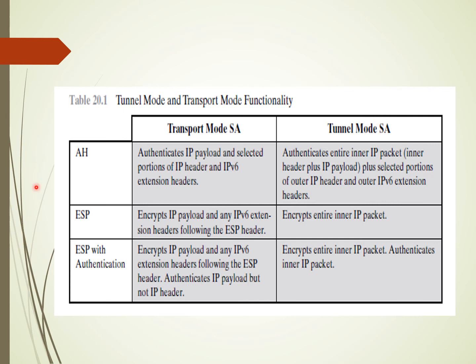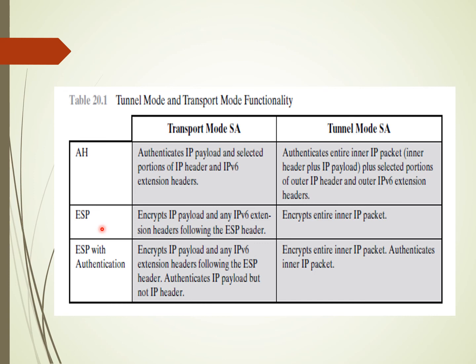Transport mode and tunnel mode can be used for the authentication header protocol, and even for encapsulating security payload. We can implement the encapsulating security payload even along with authentication. Authentication is optional for ESP.